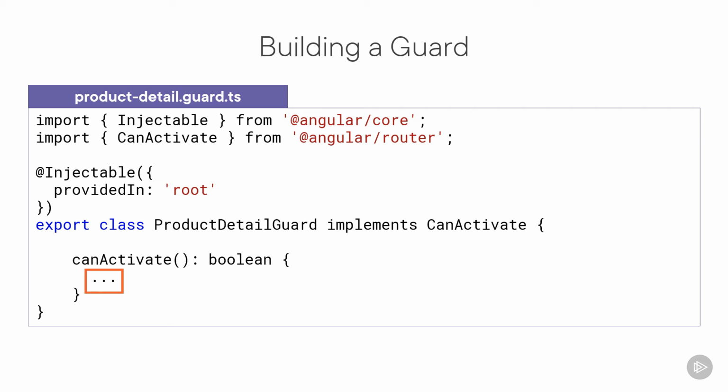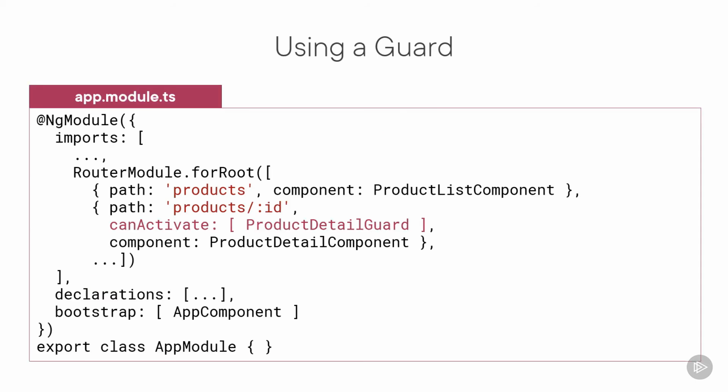This may involve checking the user's type to only allow an administrator to access the route, or it may involve checking the route parameters to ensure they are of an expected format before routing to the component. We built the guard to protect the product detail route, so we add the guard to the product detail route. We add canActivate and set it to an array containing the guards to execute before this route is activated. Let's give this a try.